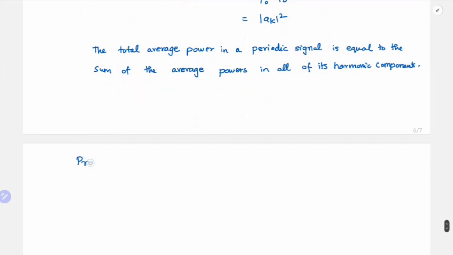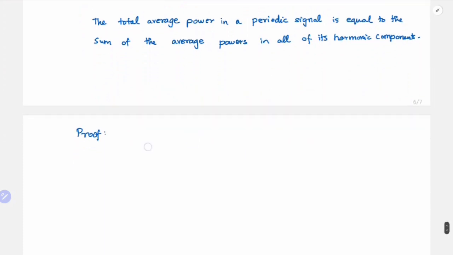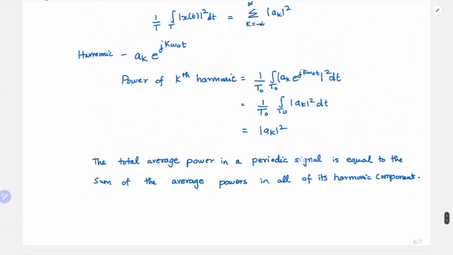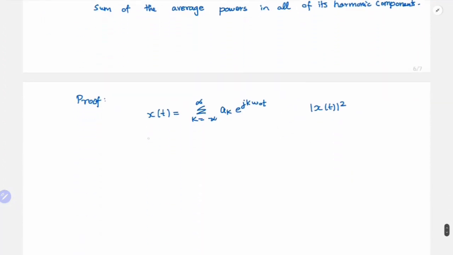So proof. We have x of t as summation k equal to minus infinity to infinity ak e power jk omega naught t. We need to obtain mod x of t square, right? So for that we first find x star of t, the complex conjugate of x of t, and this is going to be ak star e power minus jk omega naught t.